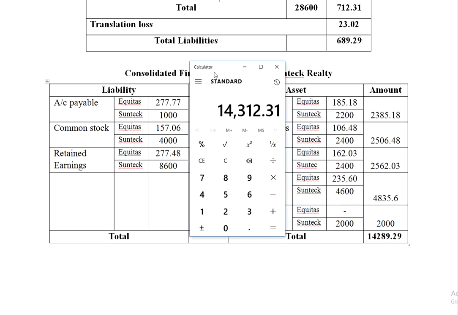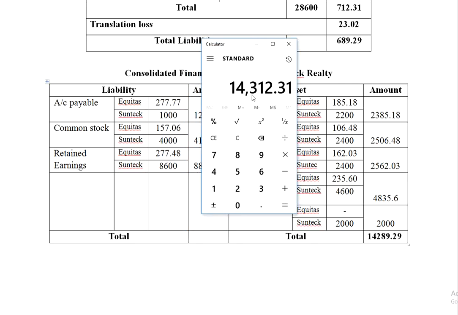So 14,312, this value is higher than the asset, right? So this cannot be higher. So what you have to do is subtract this. 14,312 is higher than this asset, so minus 14,289.29 equals 23.02.